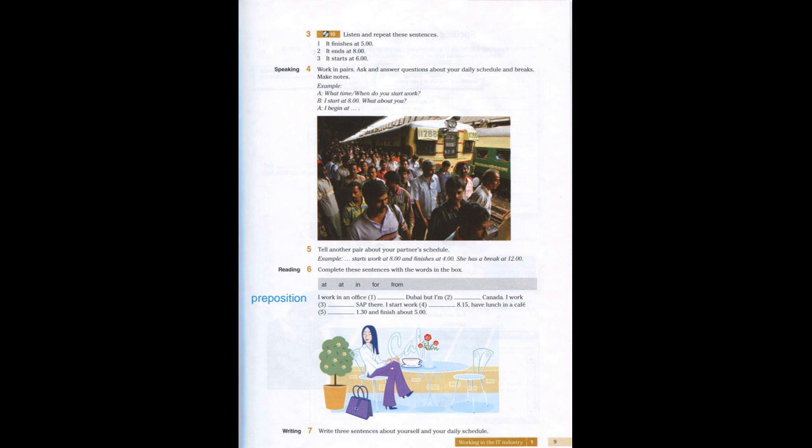Dubai, this is a city. So what do you think? Which one here is the appropriate one? At, in, for, from. You will be using at 2 times. Here we have 5 blanks. So I work in Dubai. Actually, the correct preposition here is in.